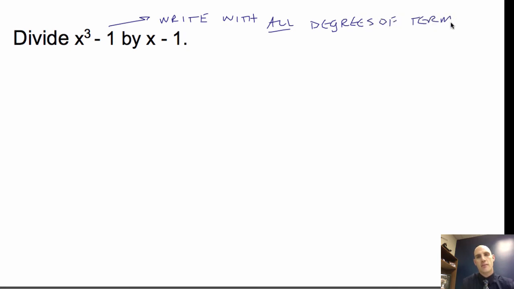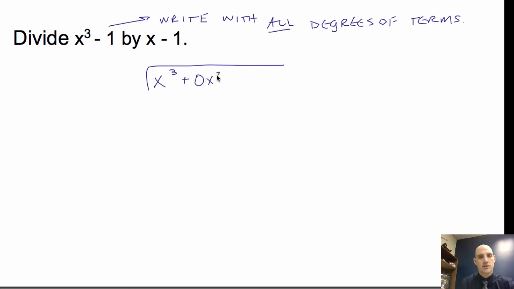You're going to see what that means when I rewrite this. I'm going to start off by putting it under the house, because remember that's what would be on top. So x to the third minus 1 divided by x minus 1. The x to the third minus 1 will be the cowboy. It goes inside the house. To write with all degrees of terms, I don't have an x squared term, and I don't have an x term, but I have to account for them.